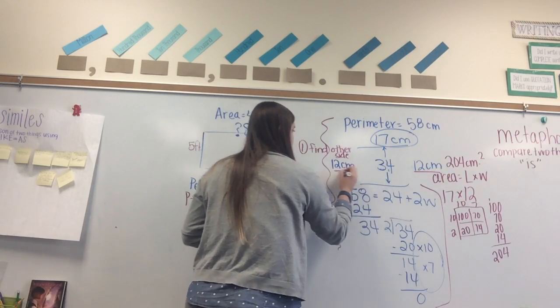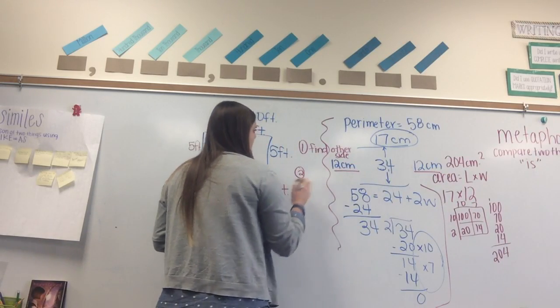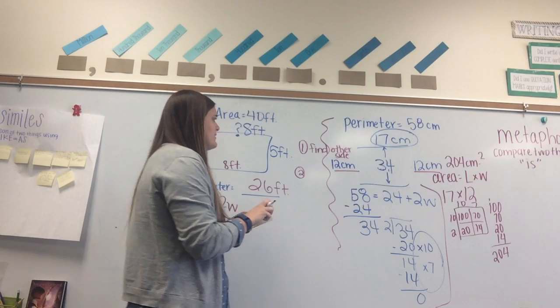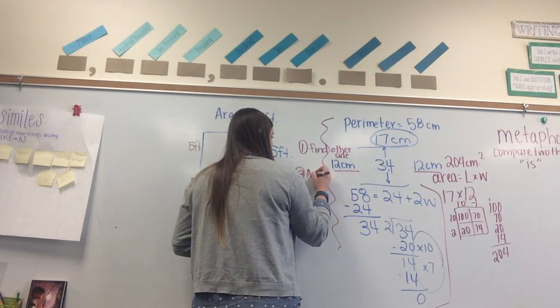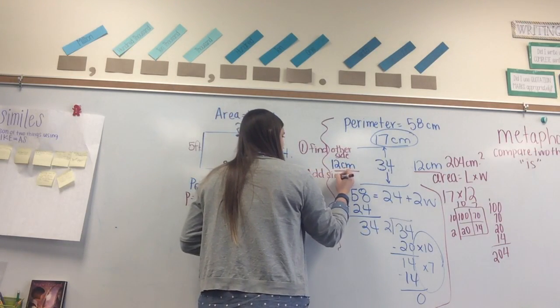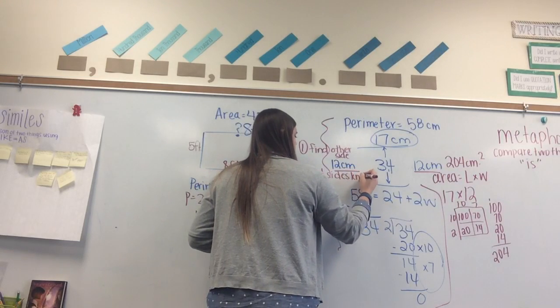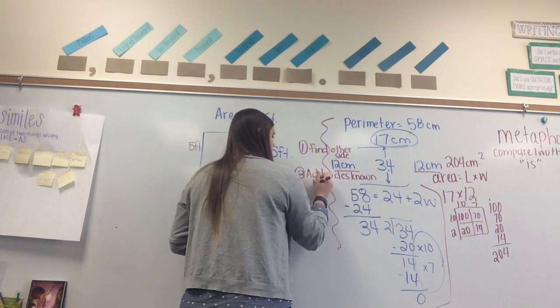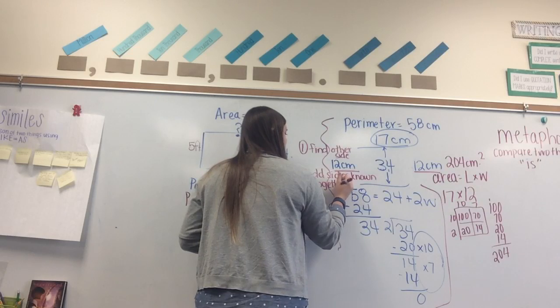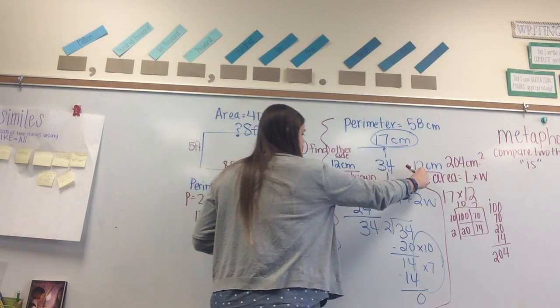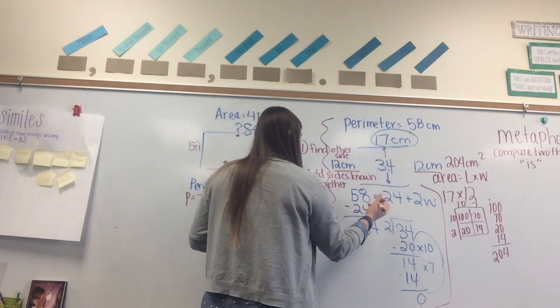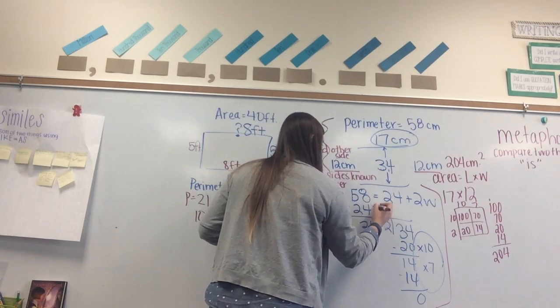This 12 matches this 12. The second thing that we had to do was add those two sides together. So we figured out that that was 24. 12 plus 12 is 24, which this was step 1 and this one's step 2.